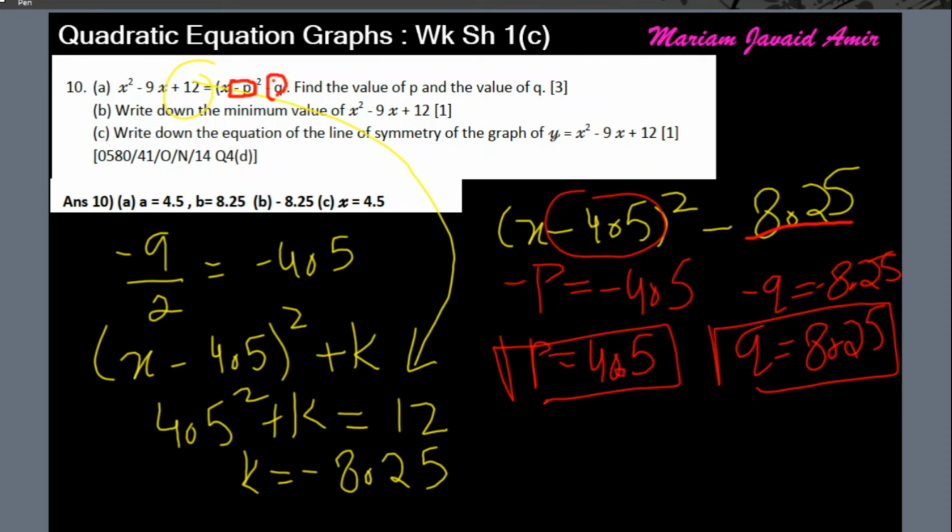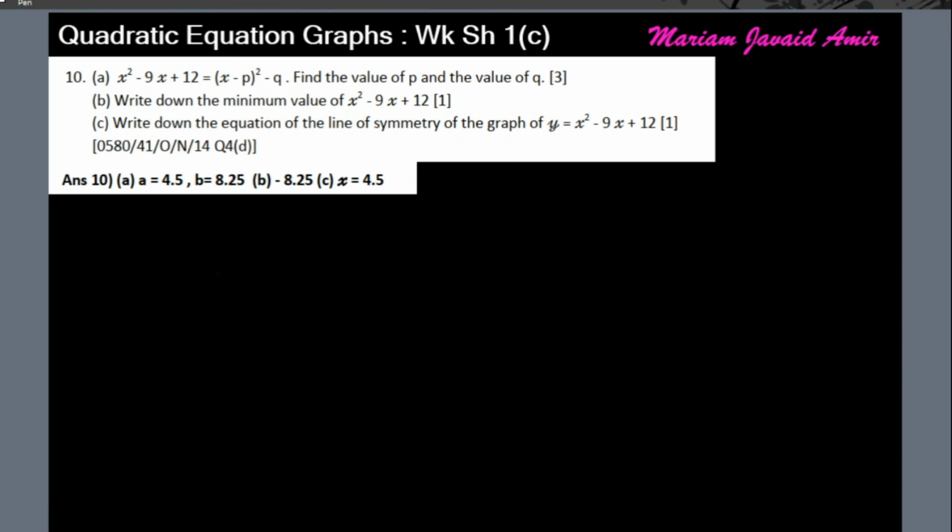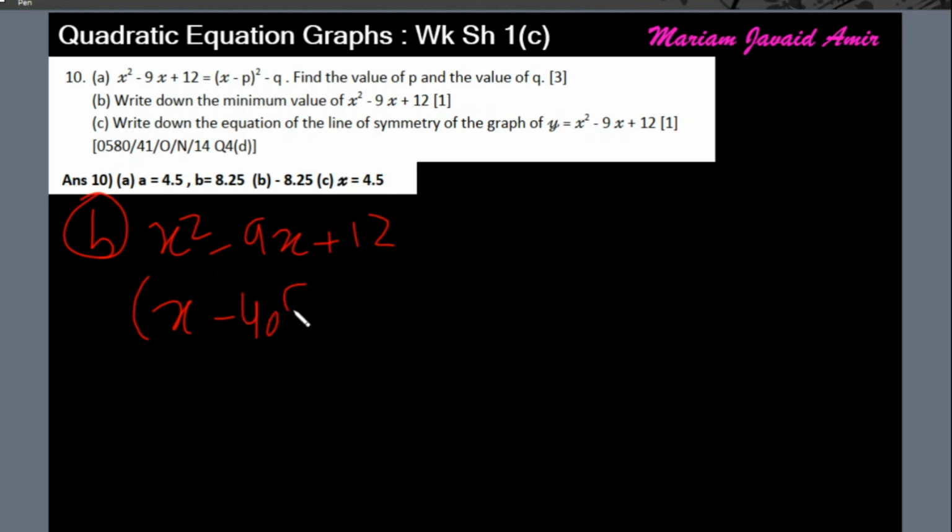This was part A. Part B. Write down the minimum value of x square minus 9x plus 12. So we wrote it in the complete square form in the previous part, and this came out to be minus 8.25.